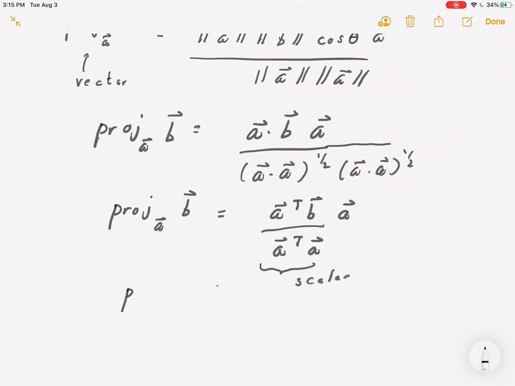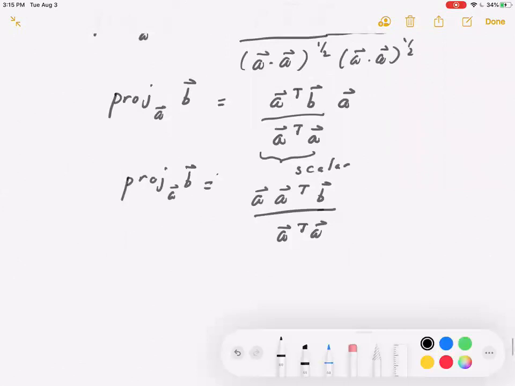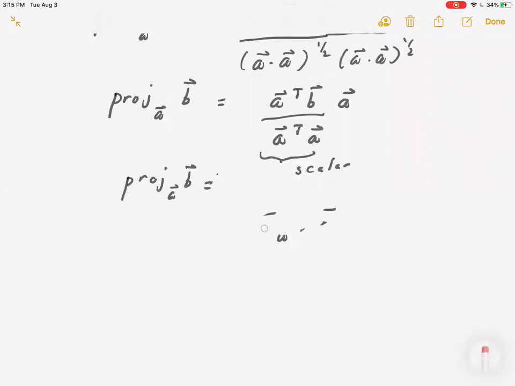So you can take that scalar times a vector and interchange the two. And you'll get A times A transpose B divided by A transpose A in the denominator. That's a little sloppy, so let's clear this up a bit. It's too close to the previous equation.